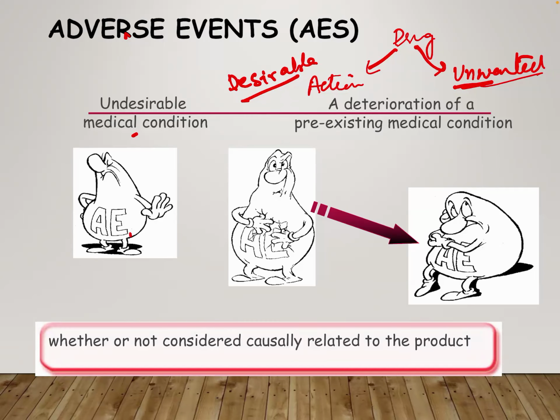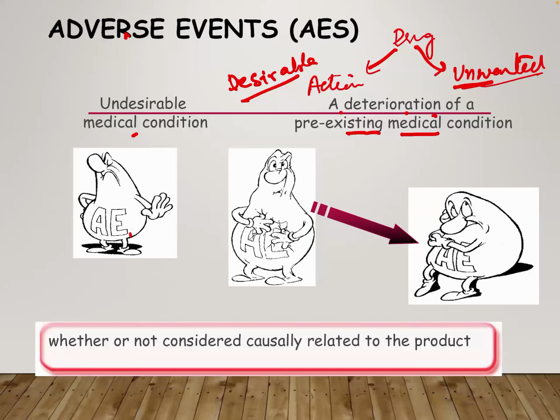Maybe you have taken a tablet, it is causing you nausea. Nausea is then an undesirable medical condition. Or a deterioration of a pre-existing medical condition. Already the person used to experience headache once a week, but now twice a week, thrice a week. It is deteriorating.